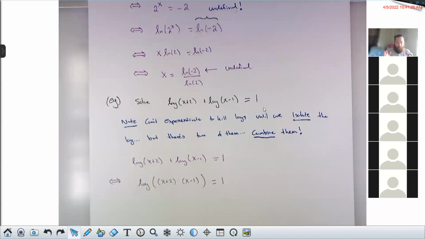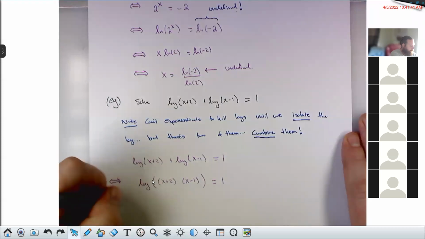Right? Addition outside the log is the same as multiplication inside the log. Now this is a single log term isolated on the left-hand side.